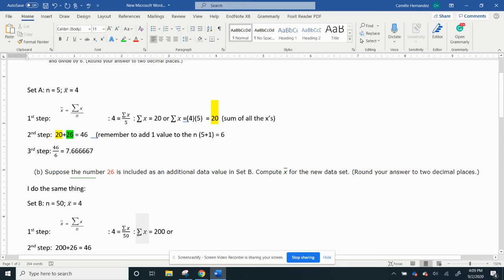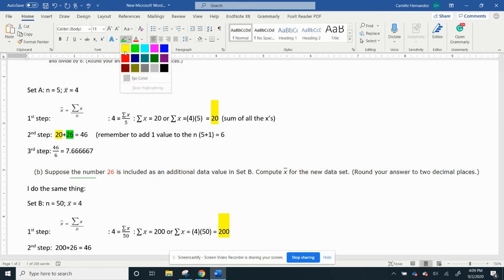The summation of x equals 4, which is my sample mean, times 50, gives me 200. That is my summation of x for set B.